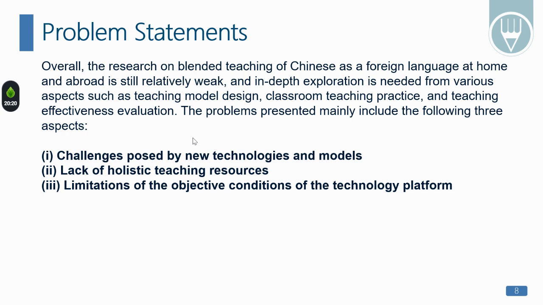The problems present mainly include the following three aspects: 1. Challenges posed by new technologies and models. 2. Lack of holistic teaching resources. 3. Limitations of the objective conditions of the technology platform.